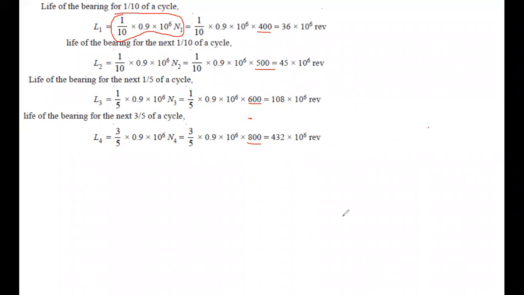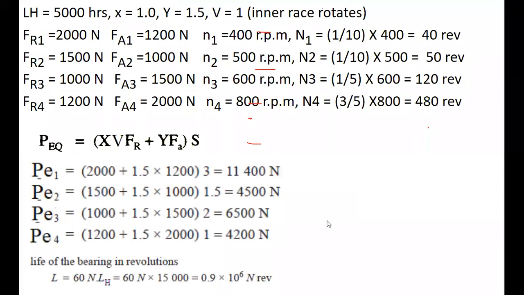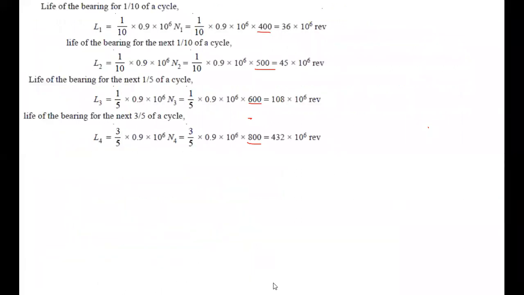How did you come to this relation? Just now we have found out from here, right? So from there we are using the same relation. So fraction of cycle is given 1 by 10 into 0.9 into 10 raised to 6 N1.